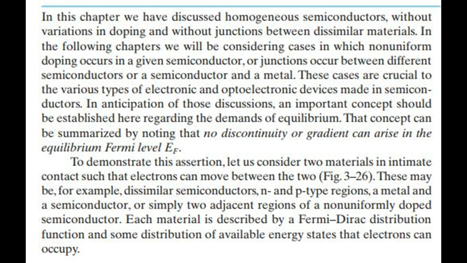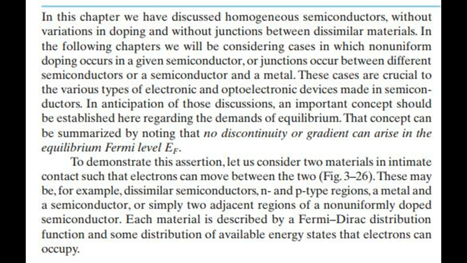To demonstrate this assertion, let us consider two materials in intimate contact such that electrons can move between the two, Fig 3-26. These may be, for example, dissimilar semiconductors, n and p-type regions, a metal and a semiconductor, or simply two adjacent regions of a non-uniformly doped semiconductor.